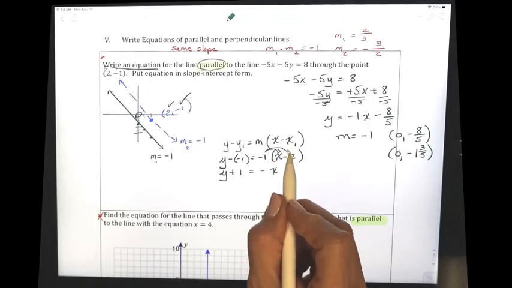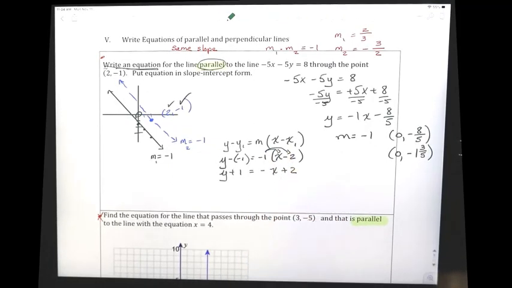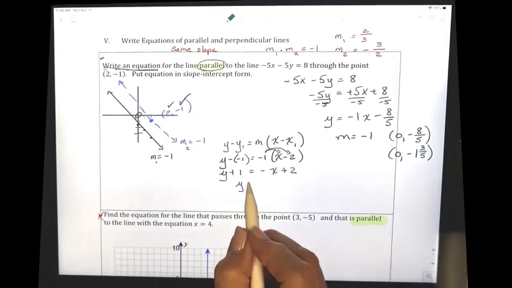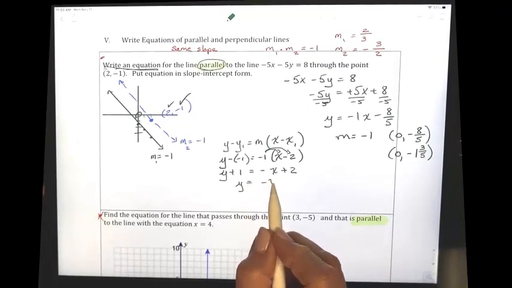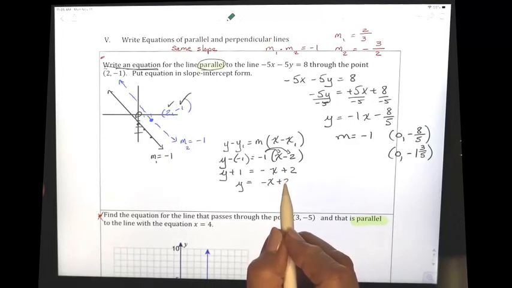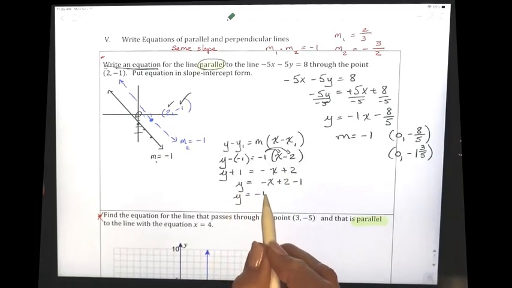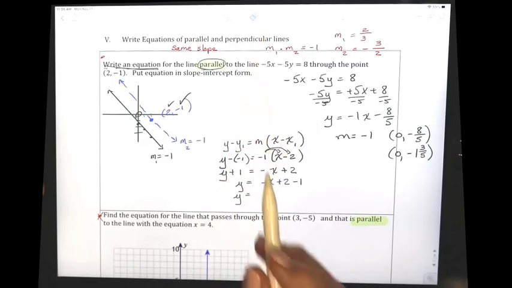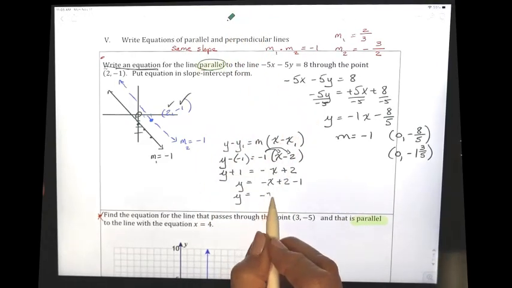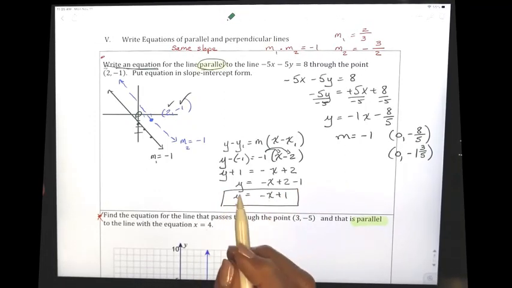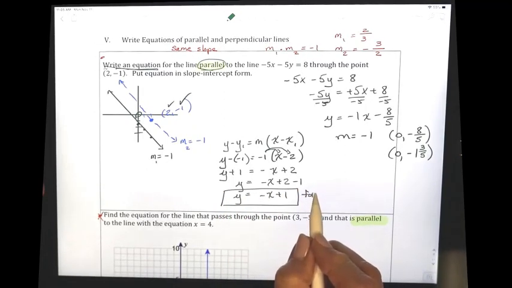Multiplying here by -1 over that second parentheses and solving explicitly for the letter y. I'm subtracting 1 from both sides. Whoops, that's not what I meant to write. So this is the equation for the blue line.